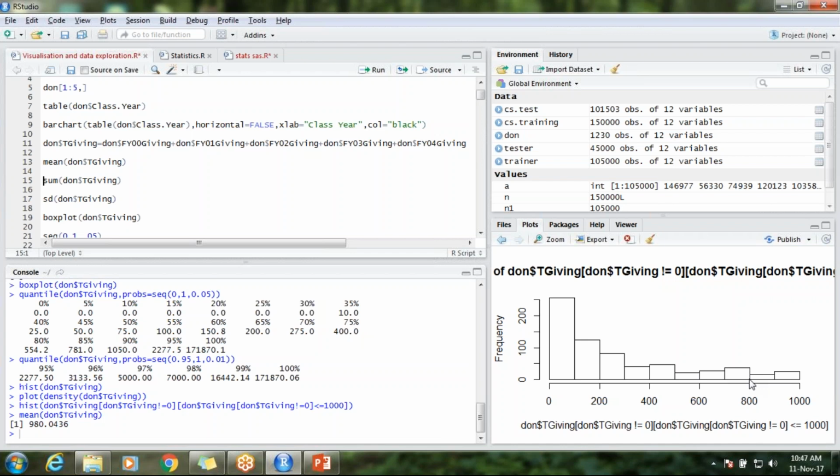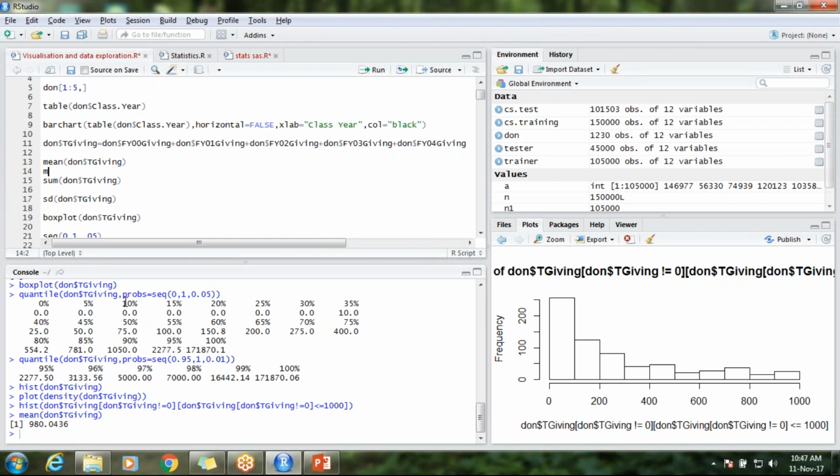My average goes high only because someone has donated a very high amount, but if I see my distribution, very few people have donated 980 rupees. So should I be taking the mean?